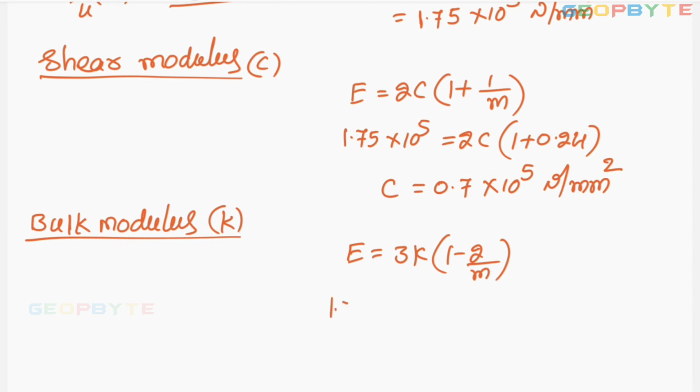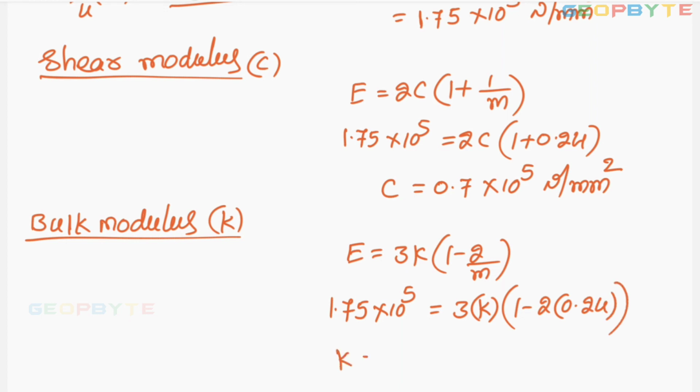E value 1.75 into 10 raised 5 equal to 3 into k into 1 minus 2 into 0.24, not 0.34. Simplify this value to get the k, 1.12 into 10 raised 5 Newton per mm square. That is how you can decide the 3 elastic constants.